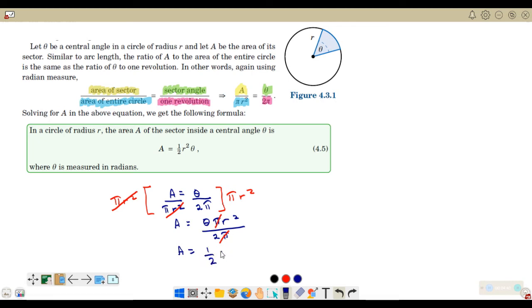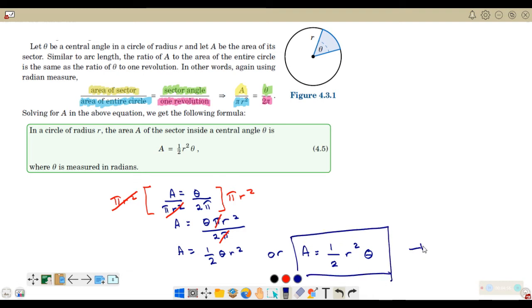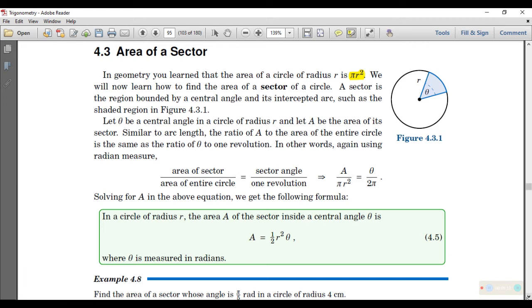And then, you will be left with theta r squared or A is equal to 1/2 r squared theta. And take note that you can only use this formula if your measurements is in radians. Pag naka-degree yan, you have to convert it first to radians. Okay? So let's look at some examples.